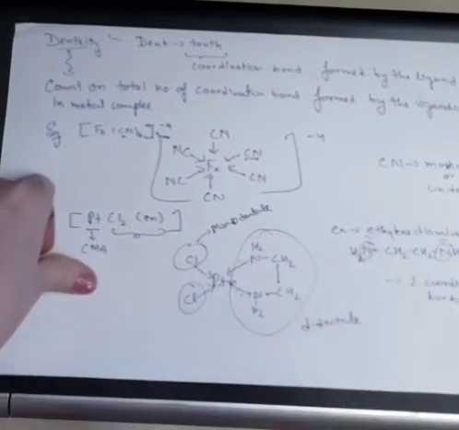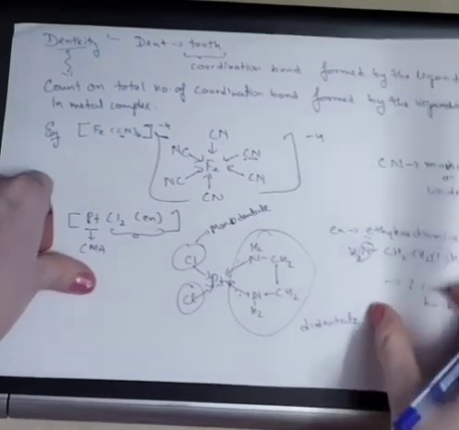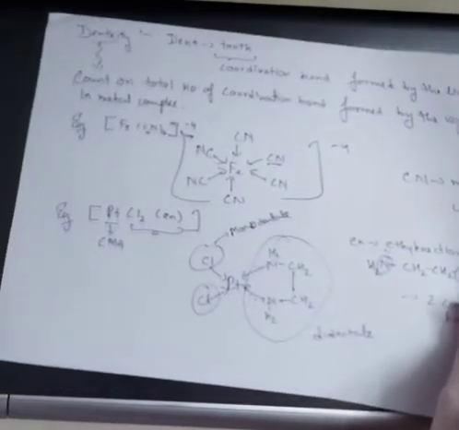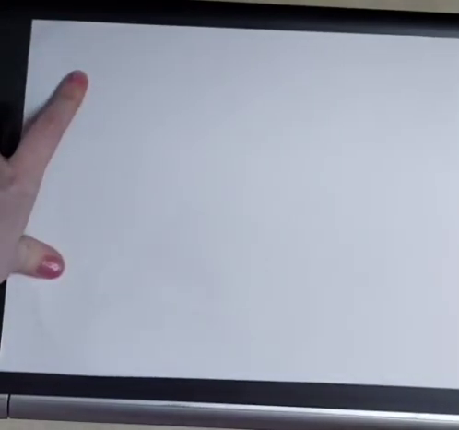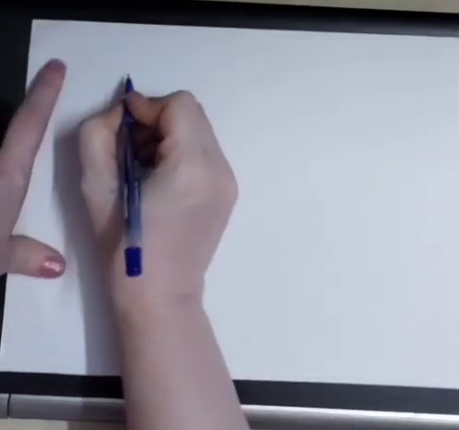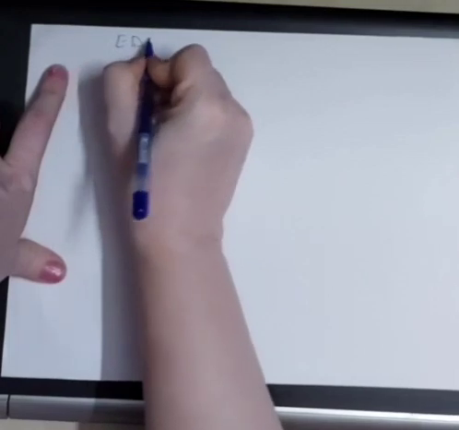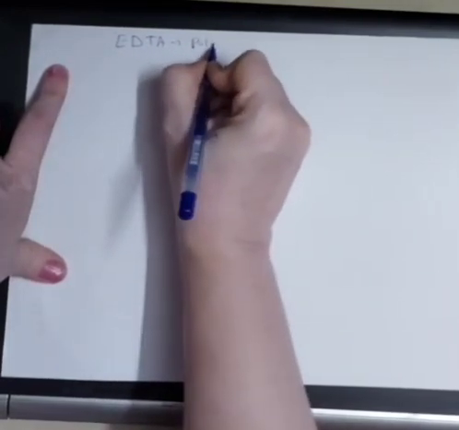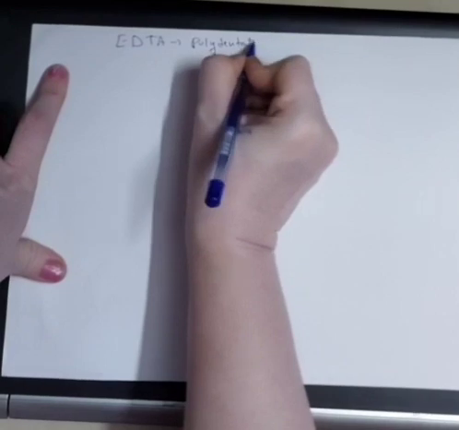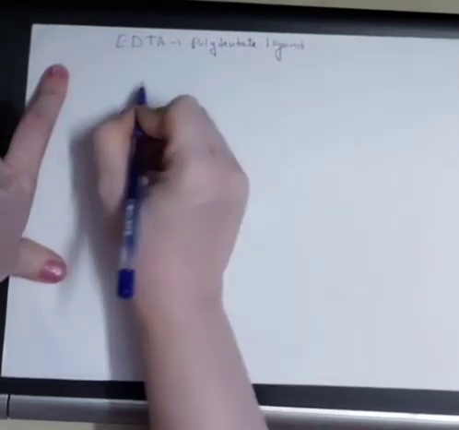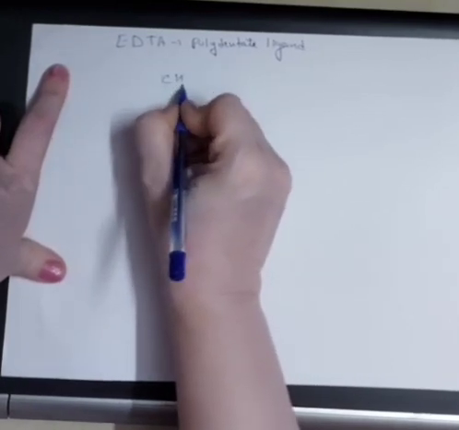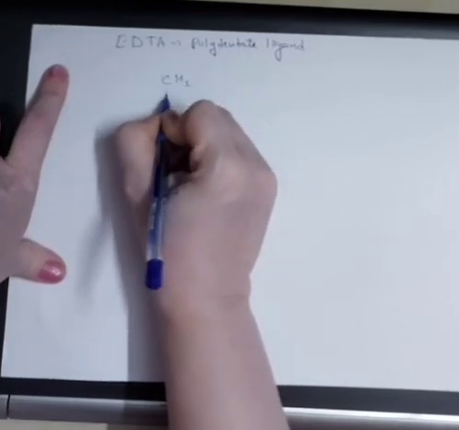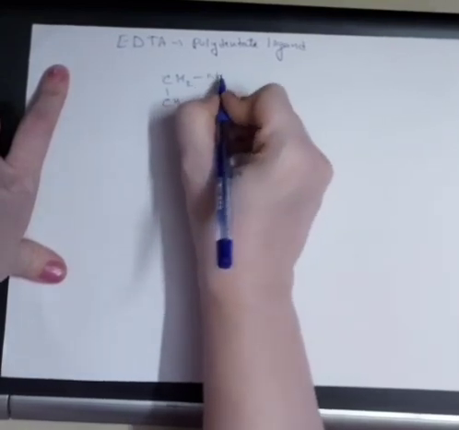Similarly, if we are talking about polydentate, let's see the structure of the polydentate ligand, that is EDTA. It's a polydentate ligand. Just as I discussed ethylene diamine, CH2, CH2, here it has NH2 and NH2.